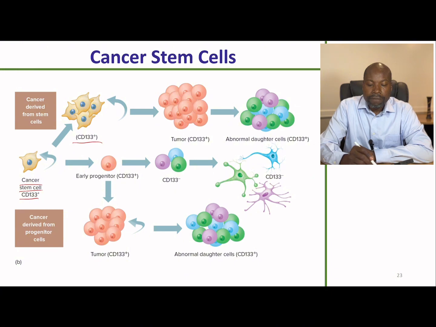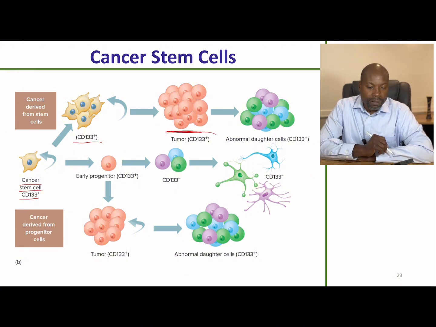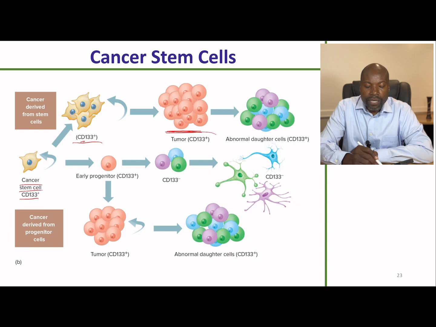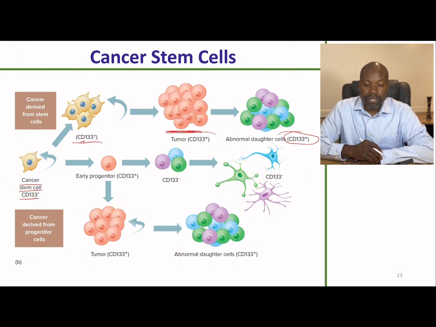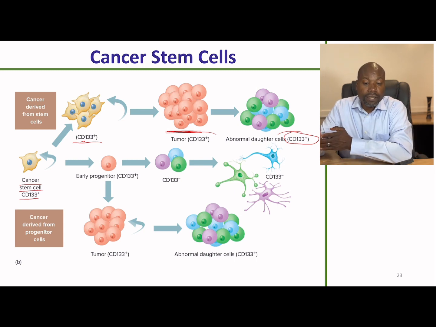These cells eventually are going to become tumor cells, okay? And these tumor cells that are going to still keep CD133 plus is going to cause the cell to undergo uncontrolled cell division, while they should be differentiated, but they are not differentiated.